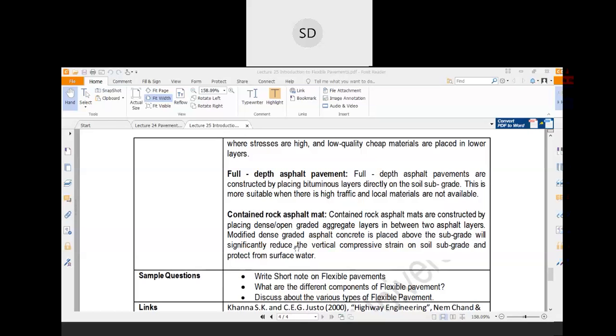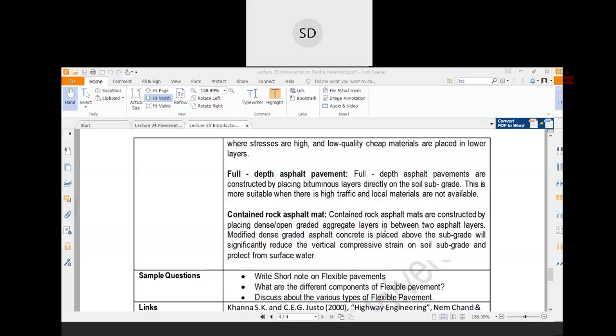Then another type of pavement is contained rock asphalt mat. Contained rock asphalt mats are constructed by placing dense or open graded aggregate layers in between two asphalt layers.